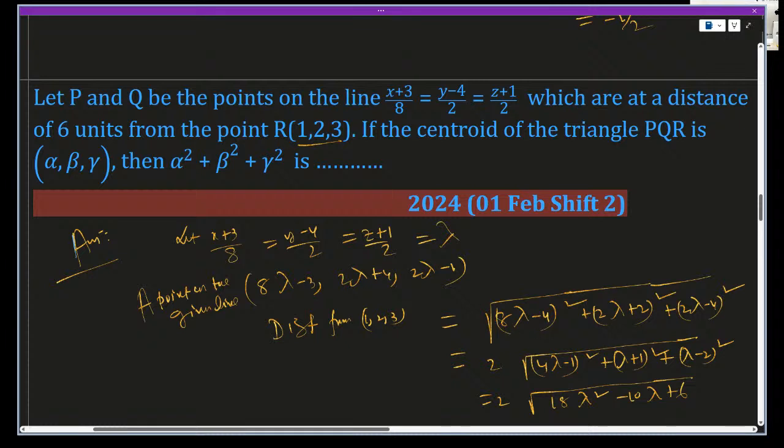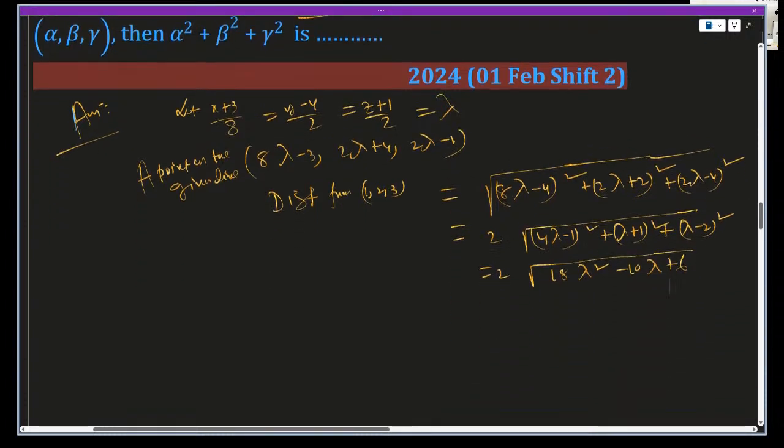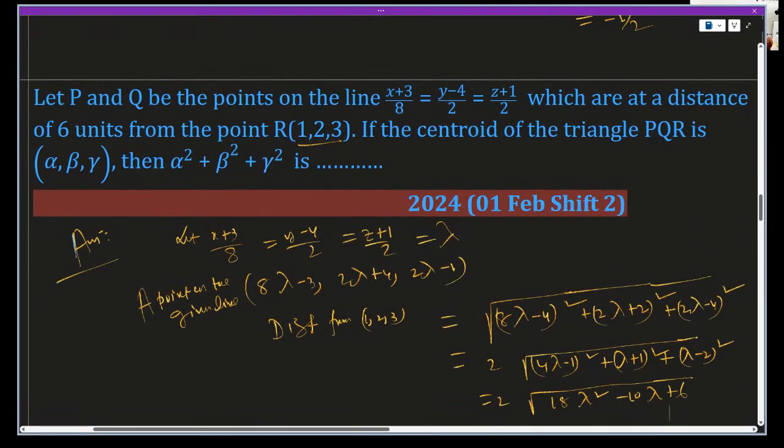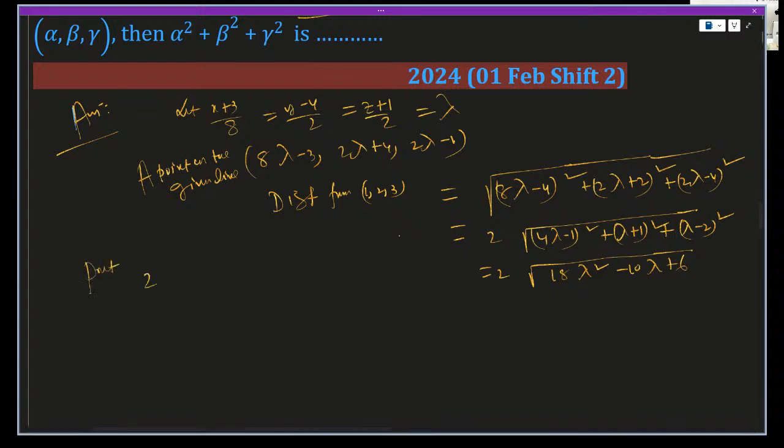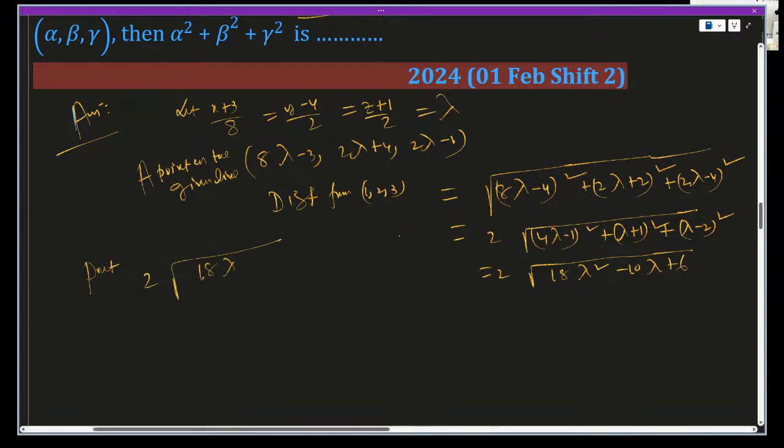Alright? They have given the distance 6 units. If you get 2 values of lambda, then 2 points are obtained. Just check, put 2 into this, equal to 6. Get cancelled, squaring both sides.